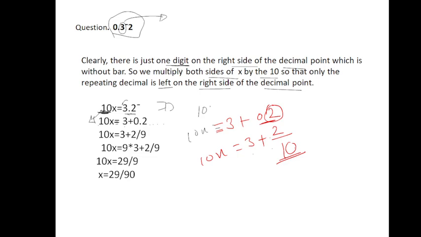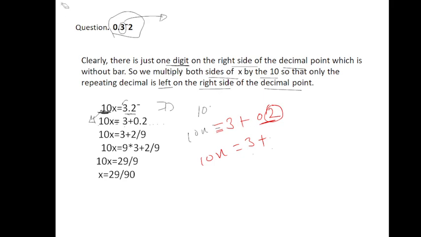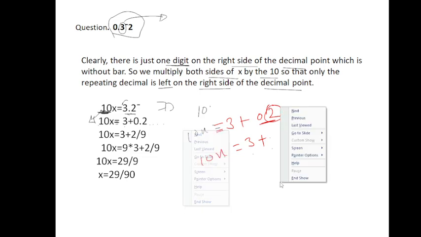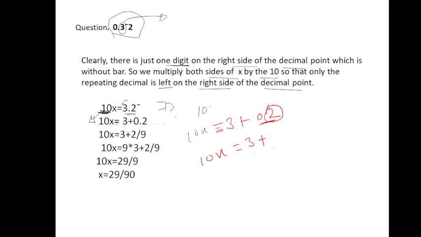Not put 0, actually put how many digits after the decimal? 1, and when we remove the decimal, we put 9 in the denominator.